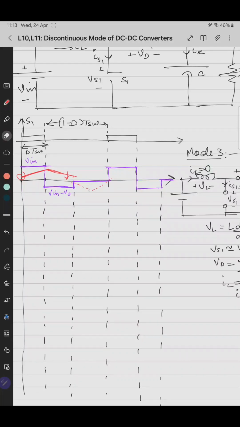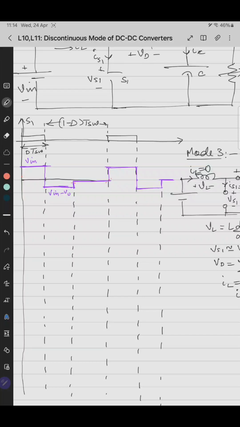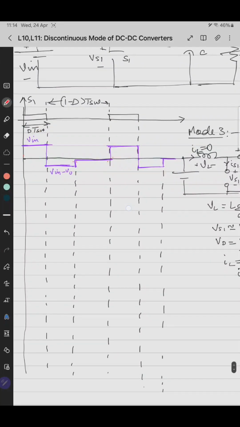So I'll draw both the waveforms, CCM as well as DCM. First I'll draw for CCM. So this is rising and this is falling. This is IL for CCM.